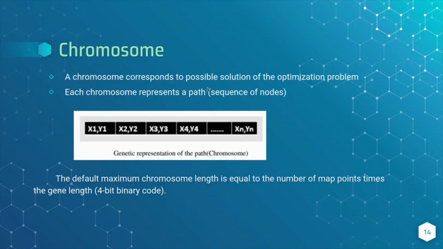A chromosome corresponds to a possible solution of the optimization problem. Thus, each chromosome represents a path which consists of straight line segments as the sequence of nodes, with the first node indicating the starting point of the first segment, followed by intermediate nodes, that is via points, between segments, and the last node indicating the ending point of the last segment, which is the goal.